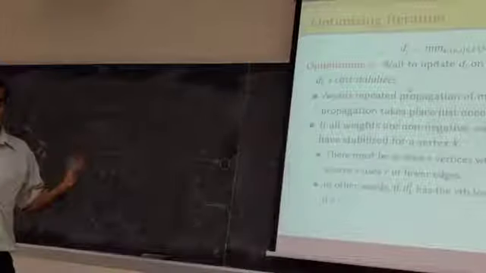Or you can start at the end. All paths are of length less than n. And therefore, let's consider the last computed shortest path, which will be the node that is at the farthest distance from the source node in the graph. That should be at least n minus 1.